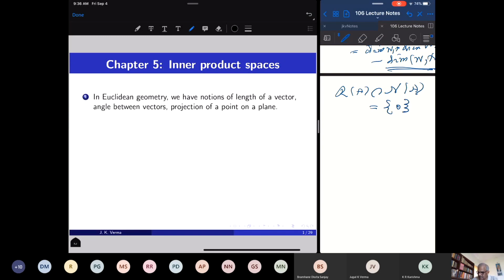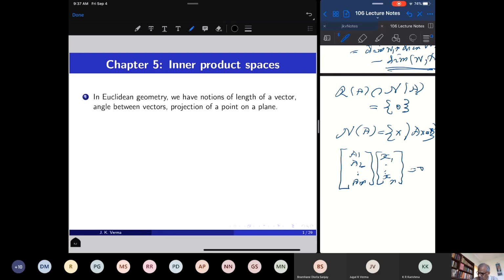The null space of A is the collection of all vectors x such that Ax equals 0. Writing the row vectors of A, there are m row vectors, and x is a typical vector in the null space.